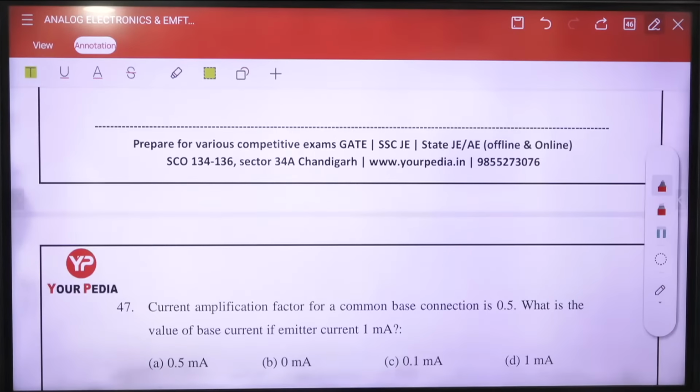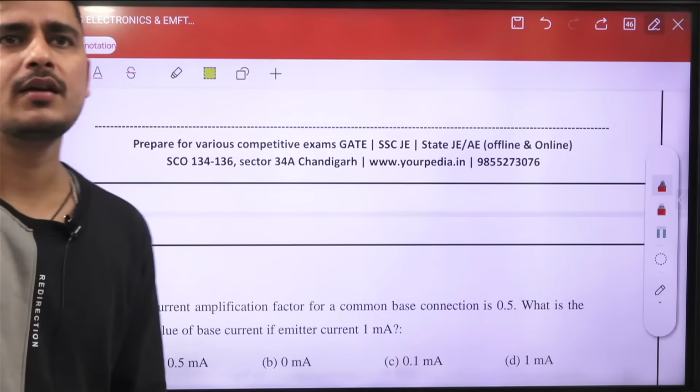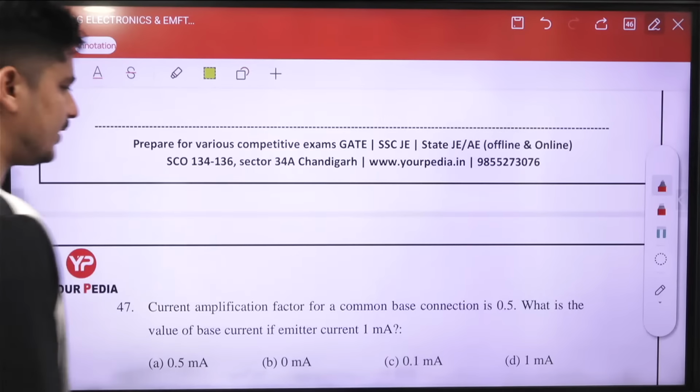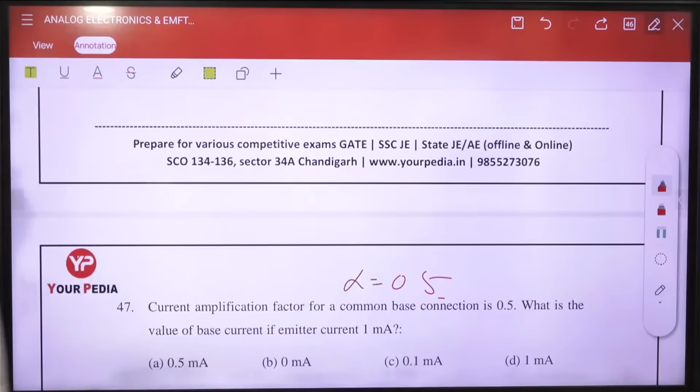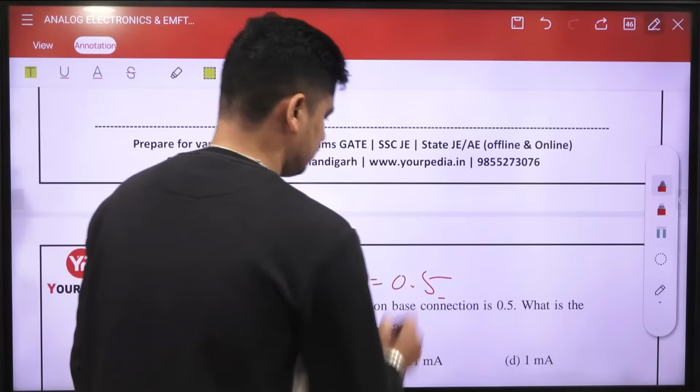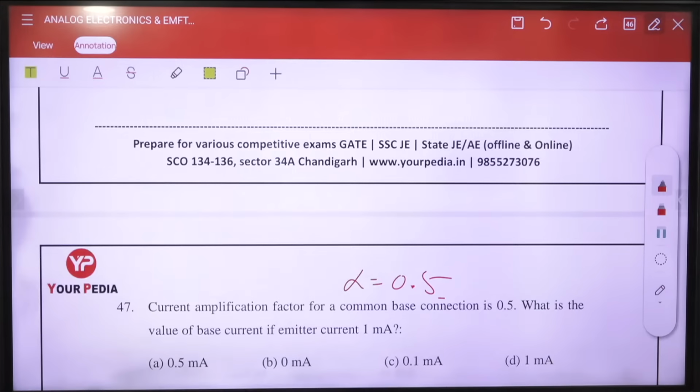The current amplification factor of a common base connection is 0.5. Alpha is given to you as 0.5 and emitter current is given as 1 milliampere.